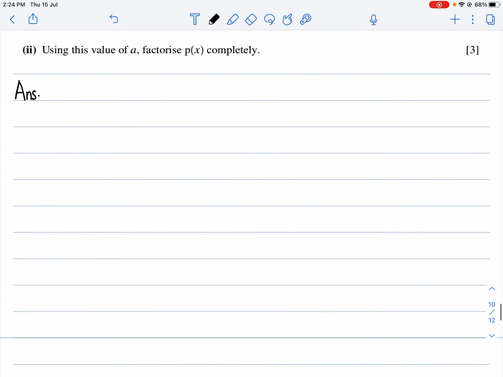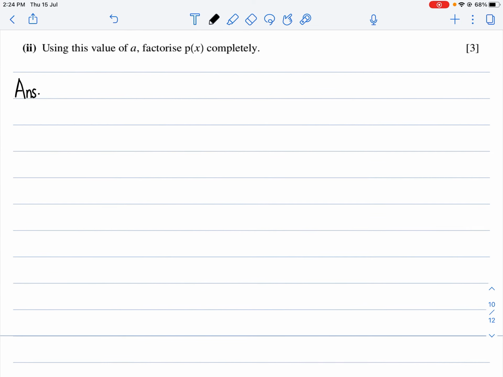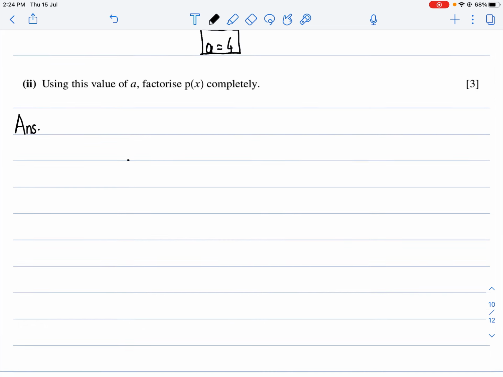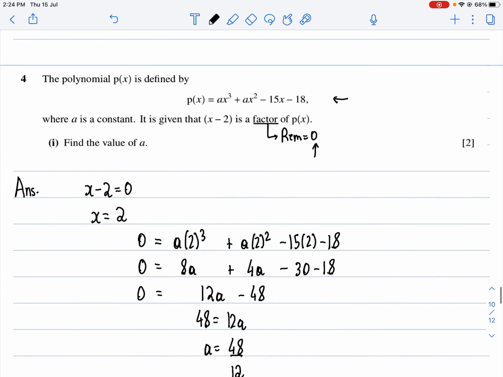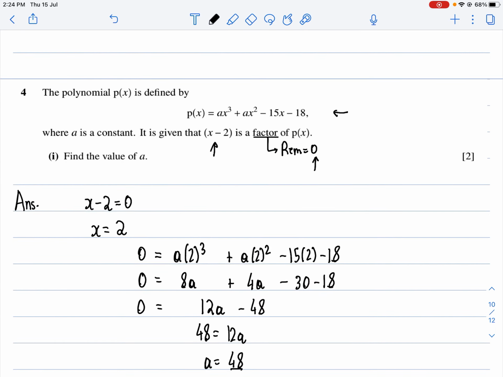Now part 2. Using this value of a, factorize p of x completely. In these kinds of questions I need my quotient, correct? So for that I need to do long division first. I know that my divisor here is simply x minus 2.